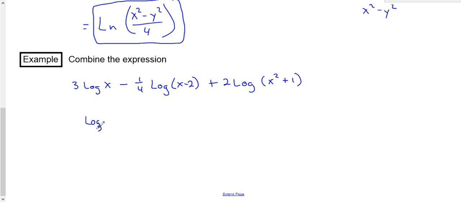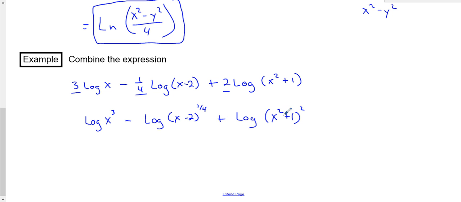So log of x to the third minus log of x minus 2 to the 1/4. I'm just moving all these coefficients up to the exponent area. This is a 4 here. I'm going to rewrite that 4. Okay, plus log of x squared plus 1 squared.